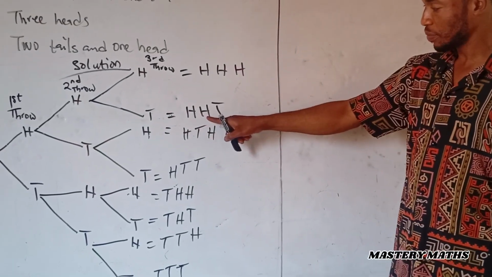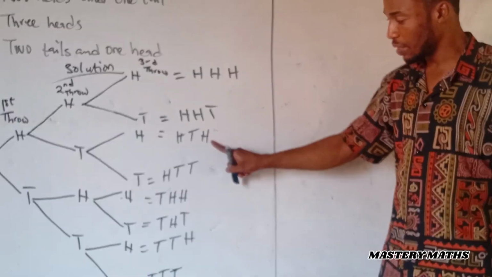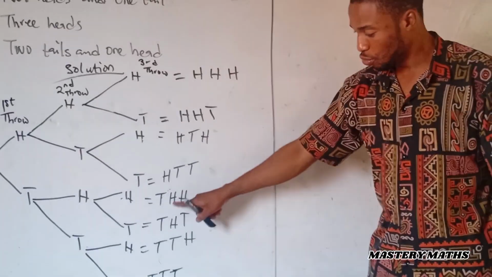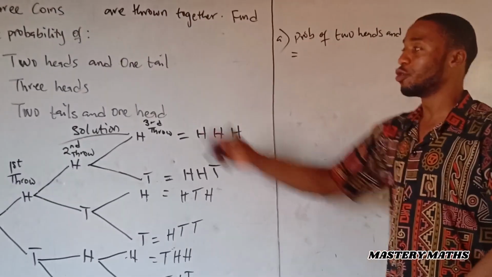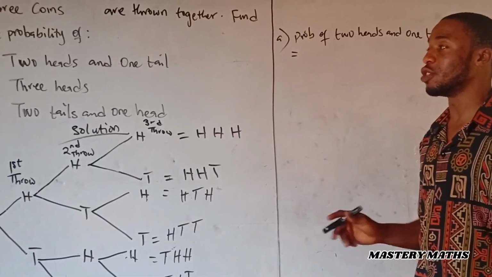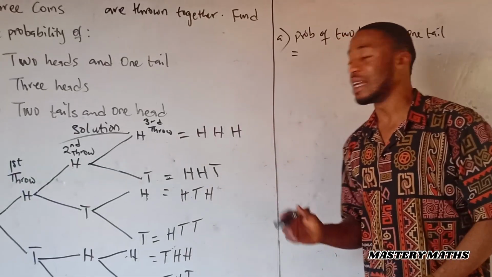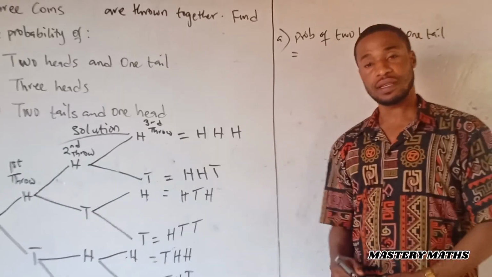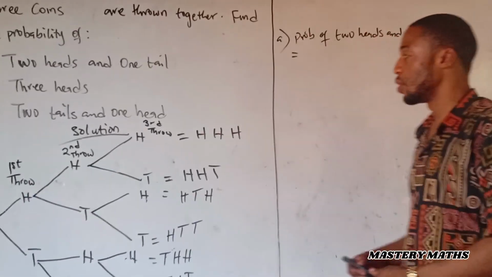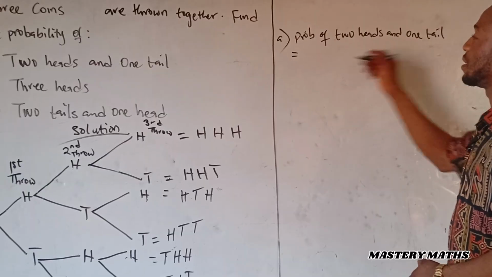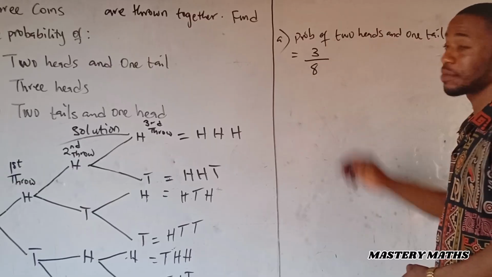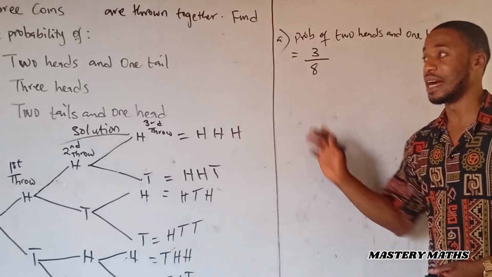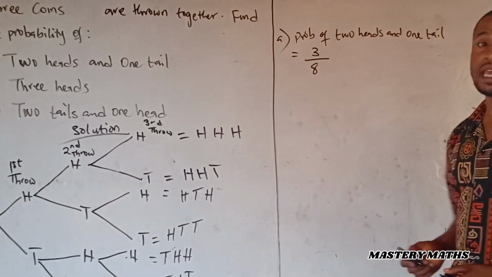That means 2 heads and 1 tail appeared 3 times from our outcome. So the probability of 2 heads and 1 tail is 3 over the total outcome, which is 8. That's for A. We are done with A.